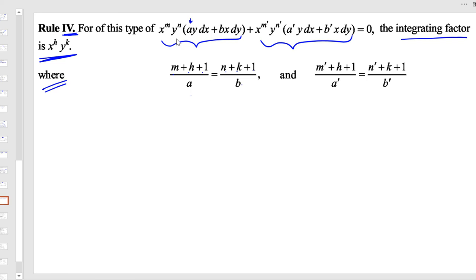So this is our a, this is our b, and h will be the particular value. M is given, n is also given.